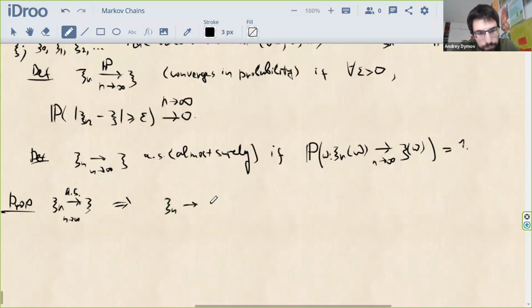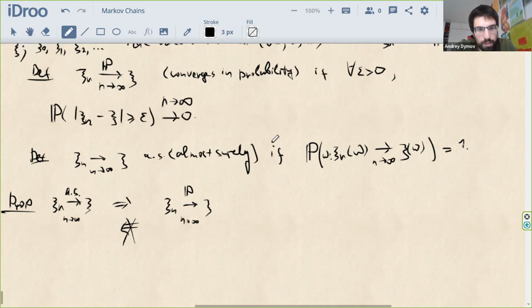But in the other direction, it doesn't work. In fact, in some sense, it also works in the other direction: once your sequence converges in probability, you can choose a subsequence such that it converges almost surely. But well, let me skip it.